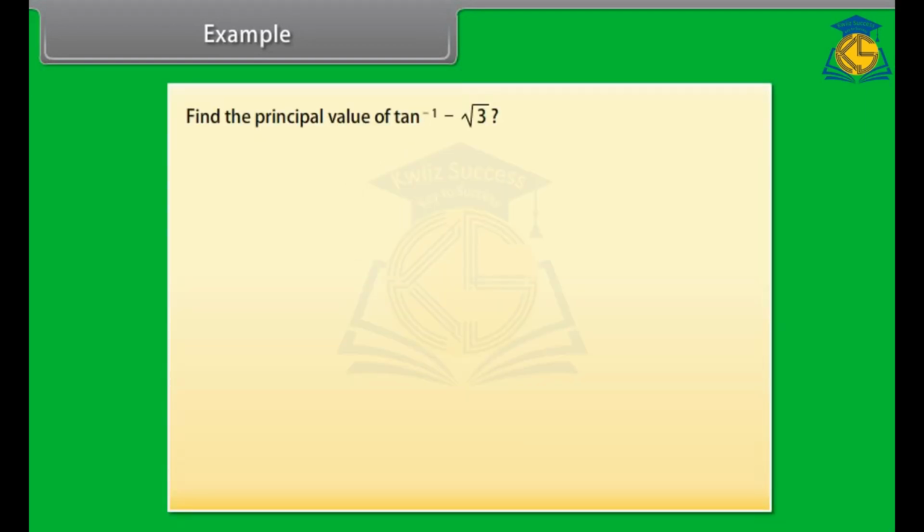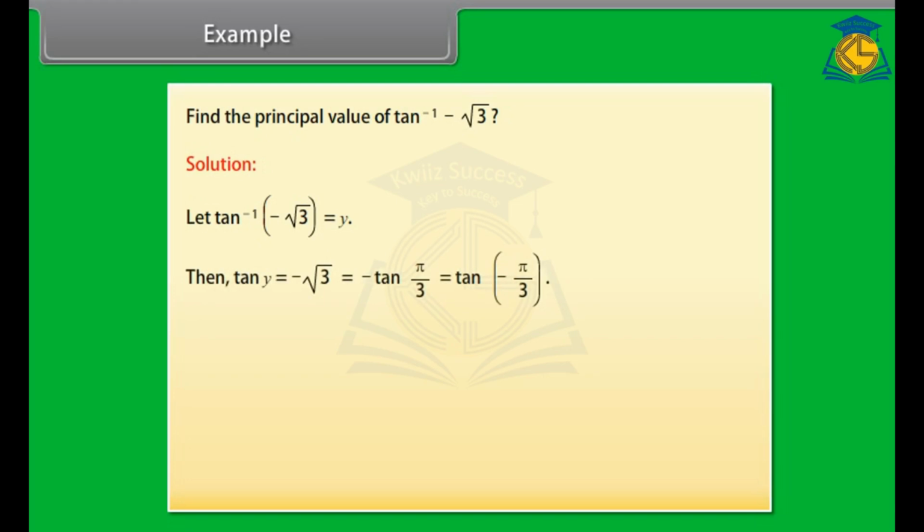Example. Find the principal value of tan inverse of -√3. Solution. Let tan inverse of -√3 be equal to y. Then tan y is equal to -√3, which is equal to minus tan π/3, which is equal to tan(-π/3).